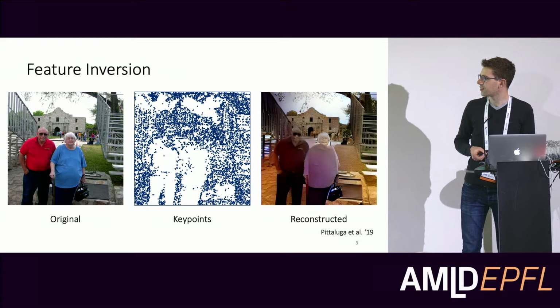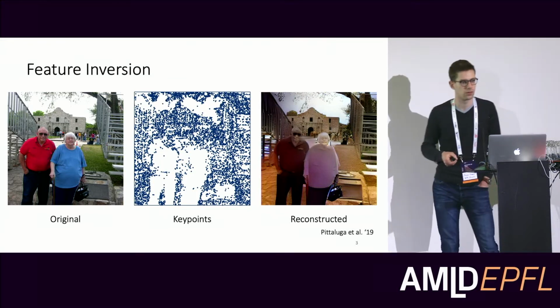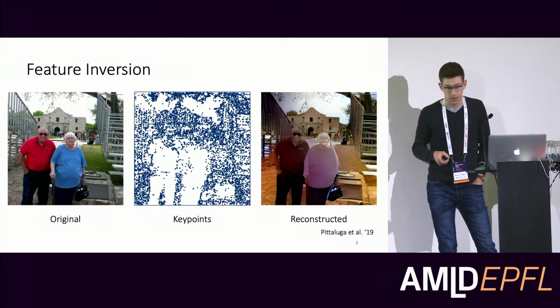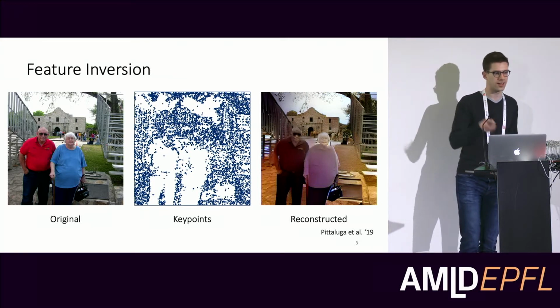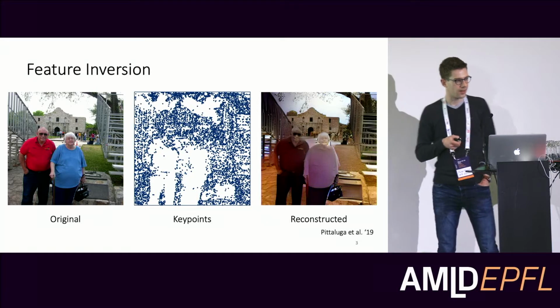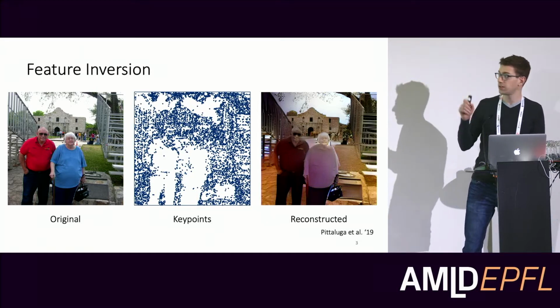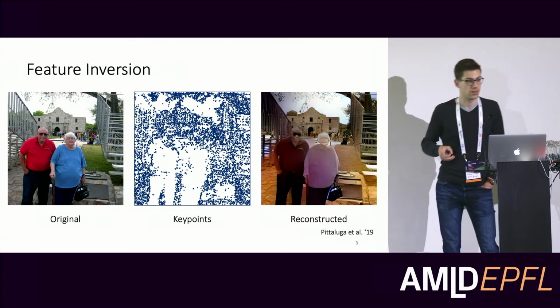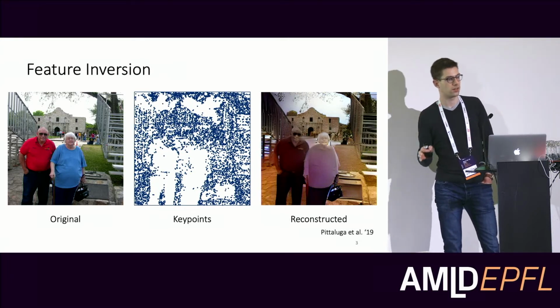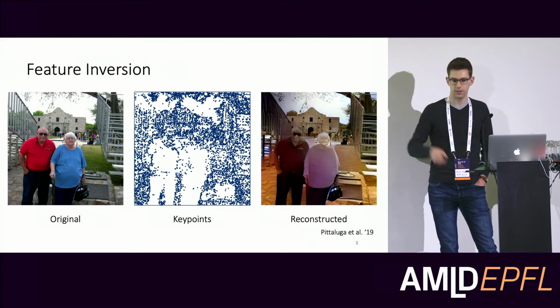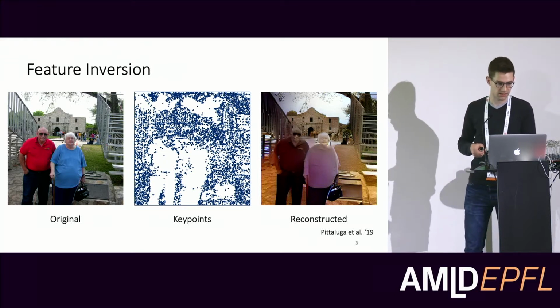Turns out there was this work in 2019 as well by Francesco Pittaluga, not from our group, but again a collaboration with Microsoft. There he showed that from just a point cloud with associated SIFT descriptors, you can reconstruct the images, or even new images with a virtual camera, pretty nicely.